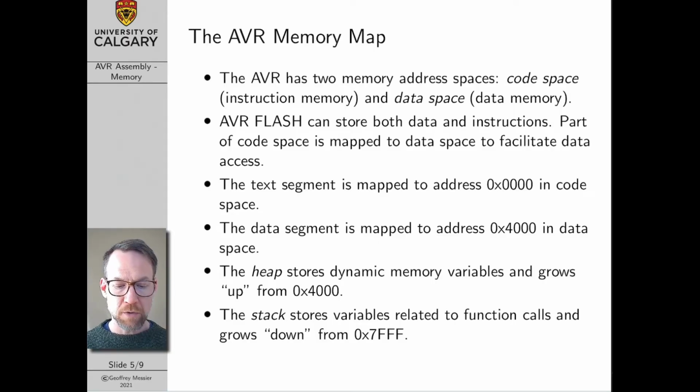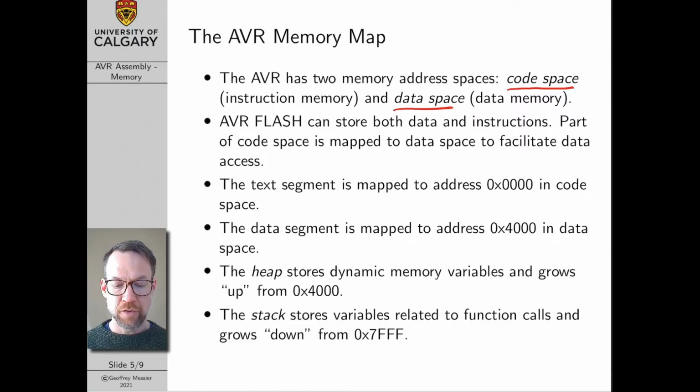They use slightly different words. If you look at the AVR datasheet, it will refer to two memory address spaces. They refer to code space, which is basically the instruction memory, and data space, which is basically the data memory.